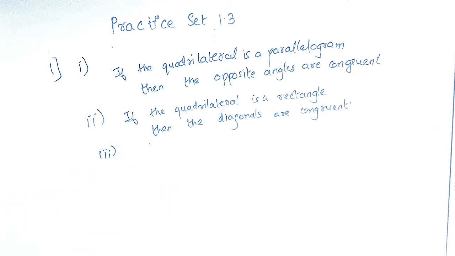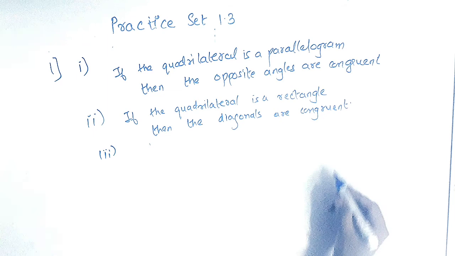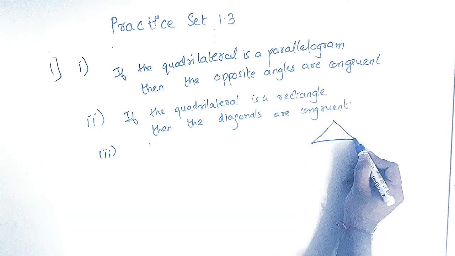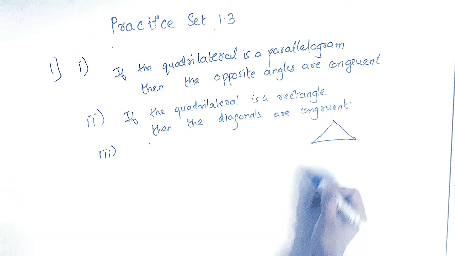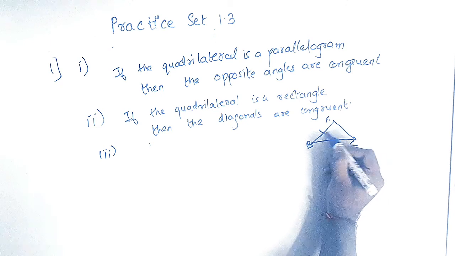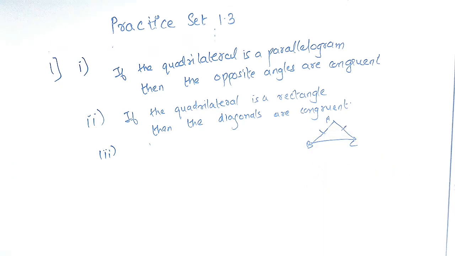In an isosceles triangle, the segment joining the vertex and the midpoint of the base is perpendicular to the base. Let us understand this first. This is an isosceles triangle ABC, where AB and AC are congruent sides.